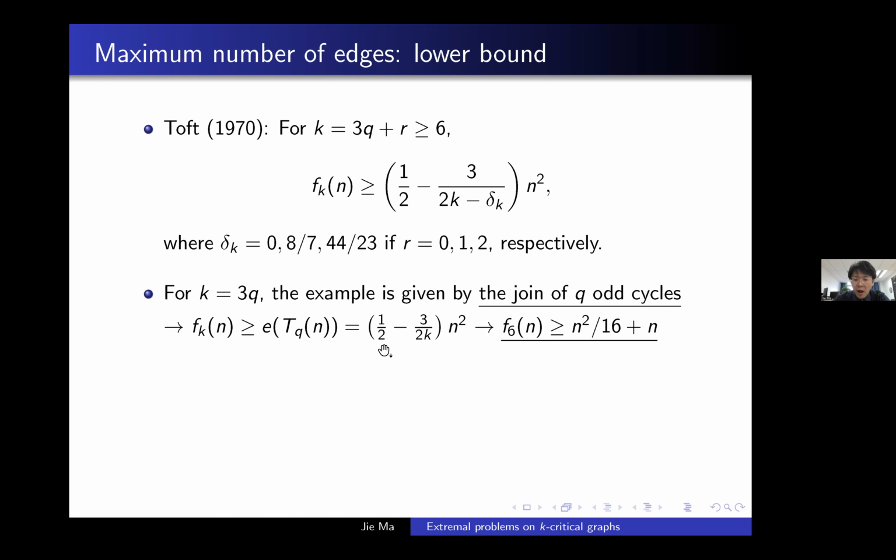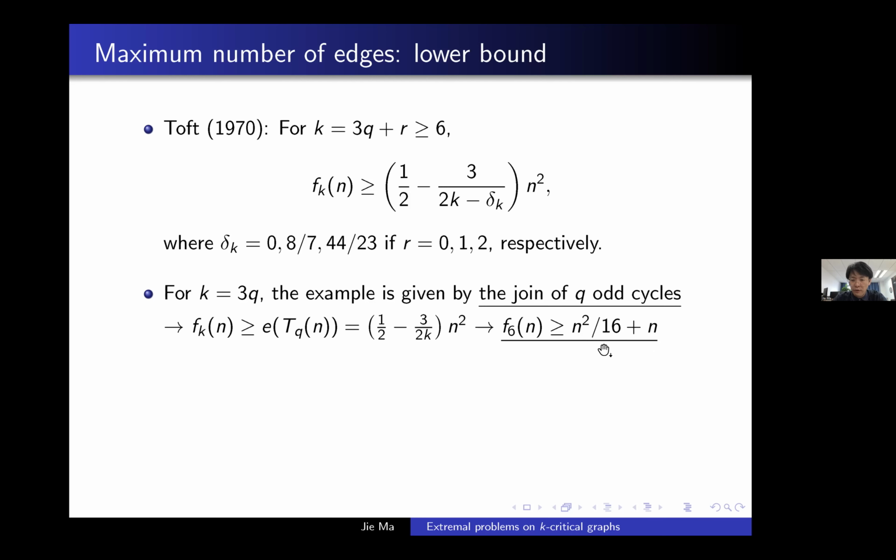And if we factor out, we'll see this number of edges is equal to (1/2 - 3/2k) times n squared. In particular, it tells us that if k is 6, then q is 2, then it gives us a lower bound of n²/16. Oh, sorry, it's a typo. It should be n²/4, because the construction will be just a join of 2 odd cycles, each of size n/2.